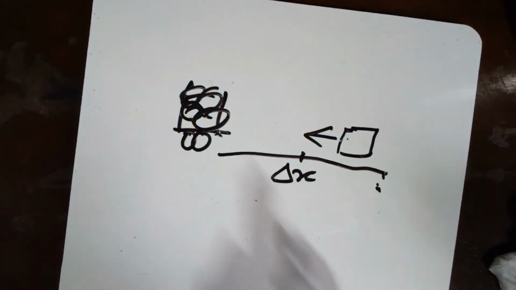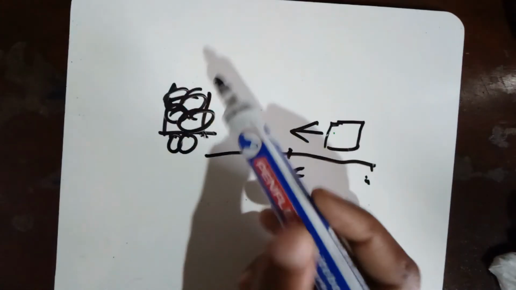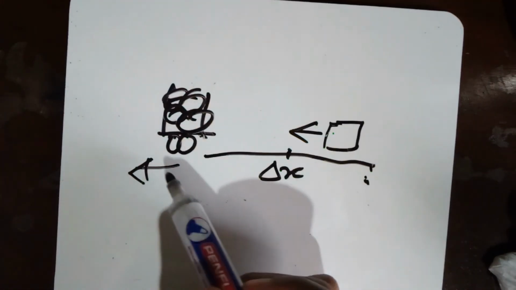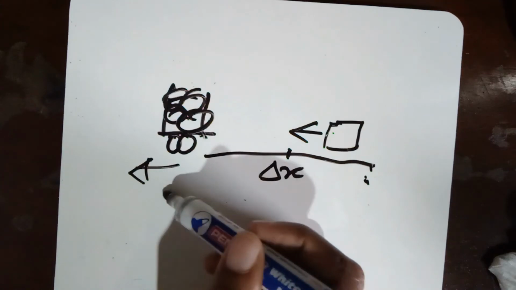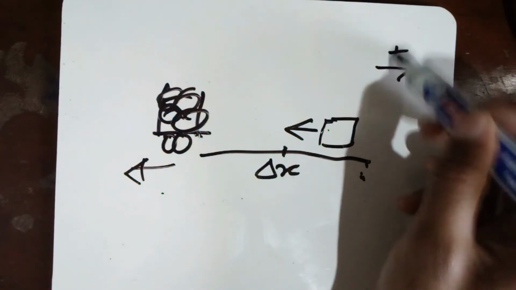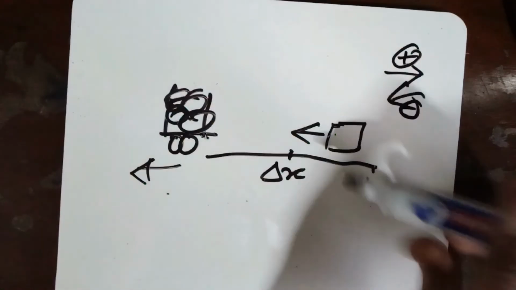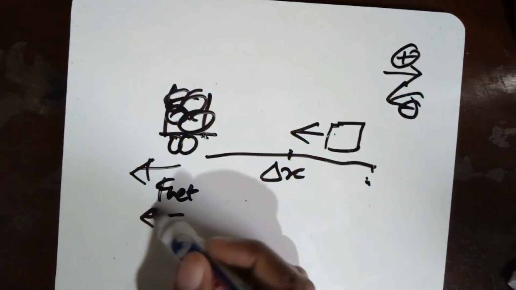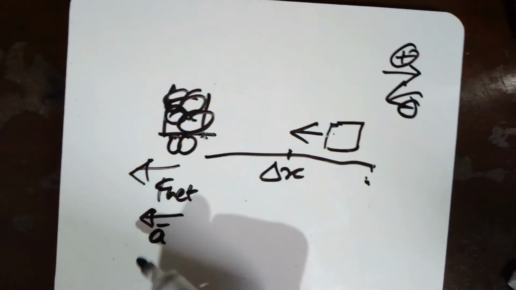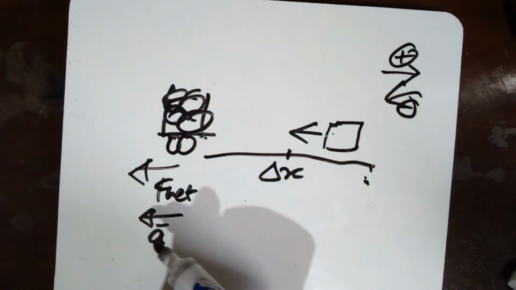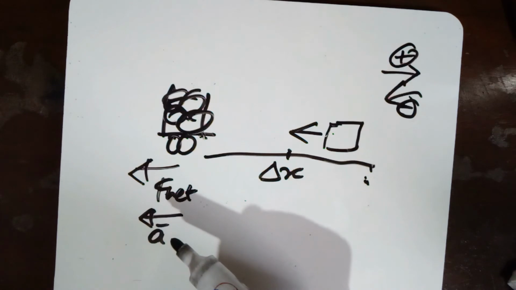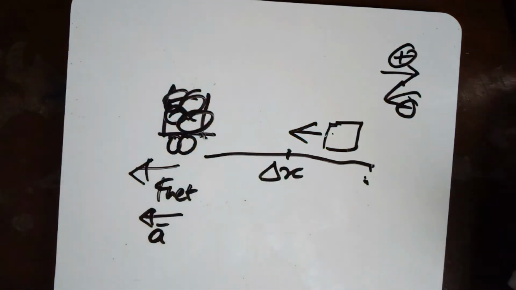So remember, when you apply brakes, your net force will actually be in the opposite direction, as well as your acceleration. If we said to the right was positive and to the left was negative, your net force will now be in this direction, and even your acceleration will be in this direction, so it will be negative as well, increasing the time and distance it takes for this vehicle to stop.